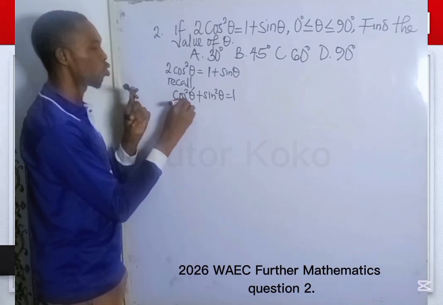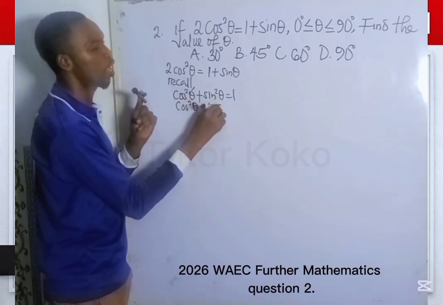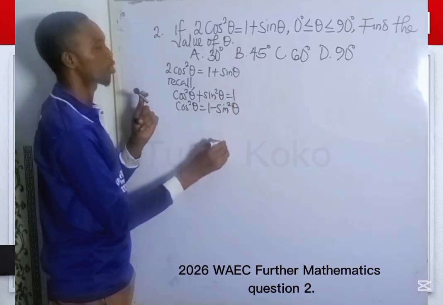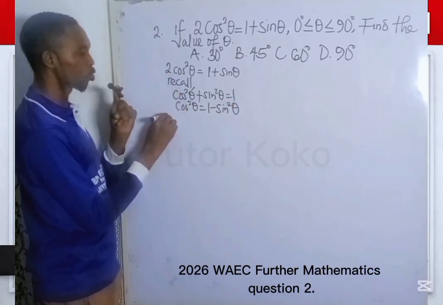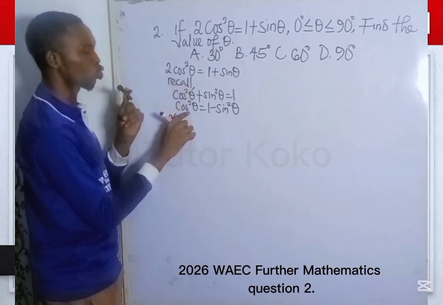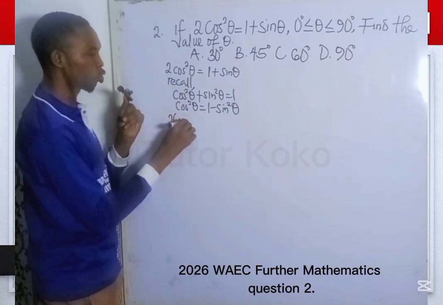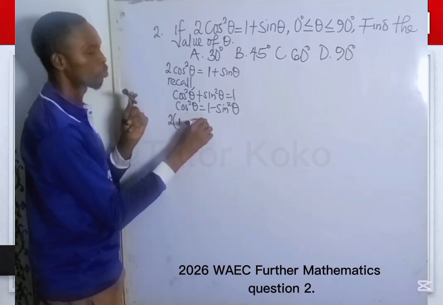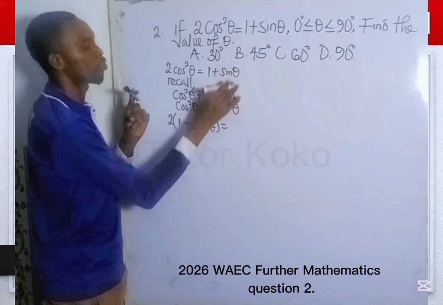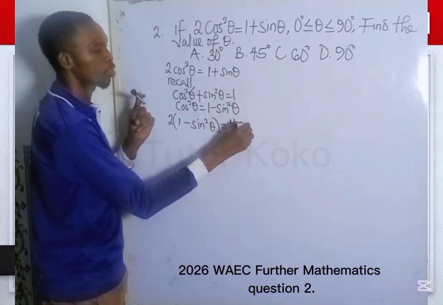Therefore, cos squared theta is equal to 1 minus sine squared theta. Therefore, this becomes 2 into, so cos squared theta will be substituted as 1 minus sine squared theta, and everything is equal to 1 plus sine theta.